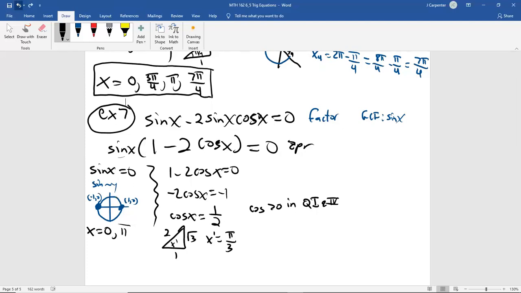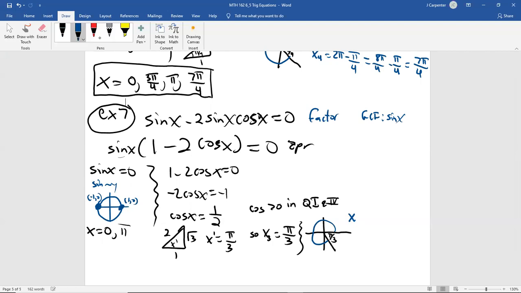So x3 is pi over 3 because that's in quadrant 1. But for the fourth one, we need to put the reference angle of pi over 3 in quadrant 4. So here is our pi over 3, meaning that our actual angle is this.